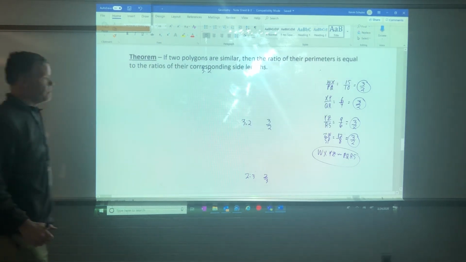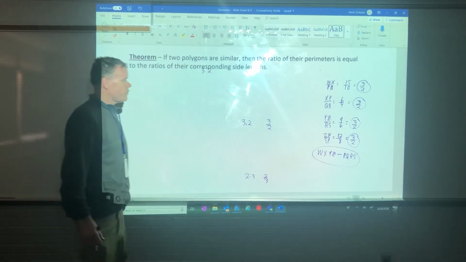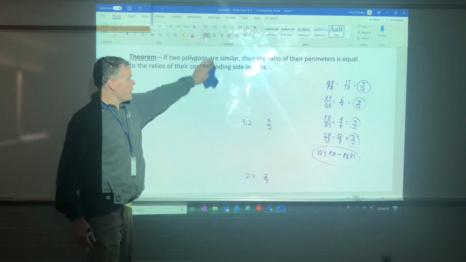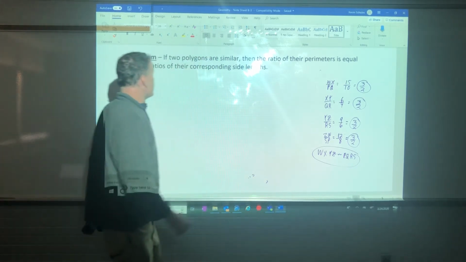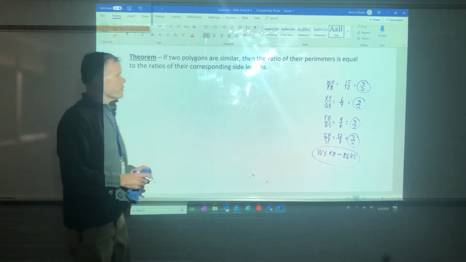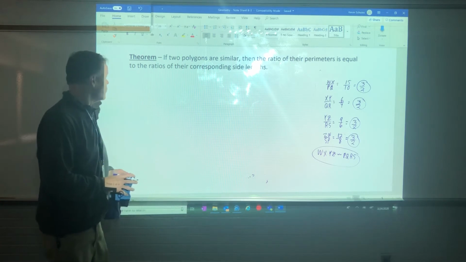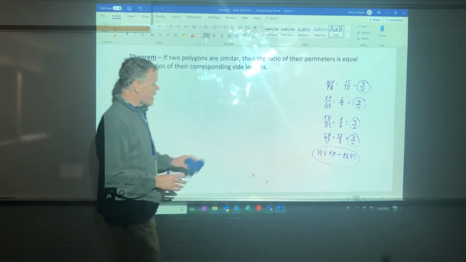Here's a theorem. If two polygons are similar, then the ratio of the perimeters is equal to the ratio of the corresponding side lengths.